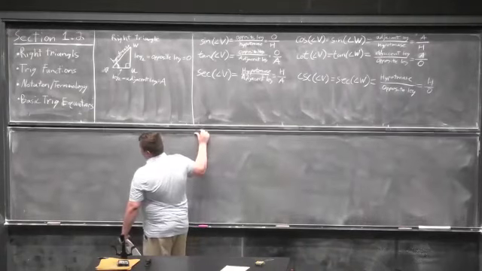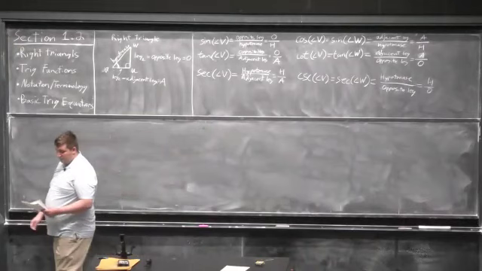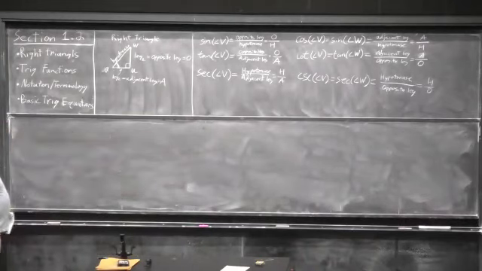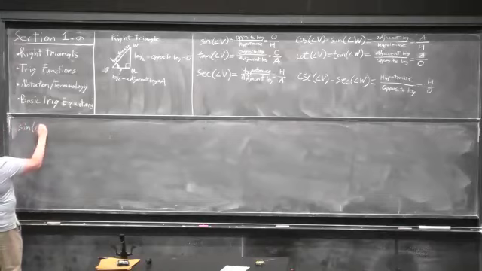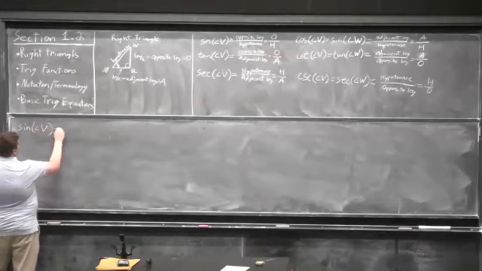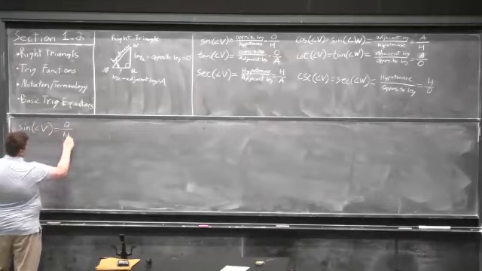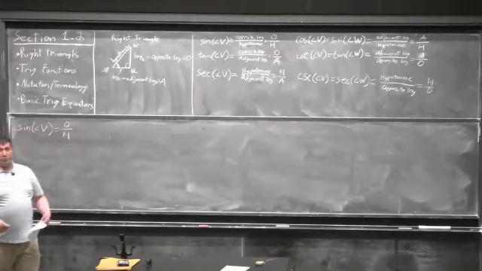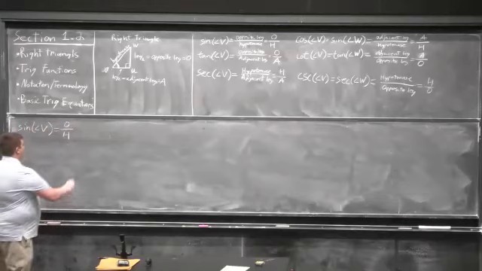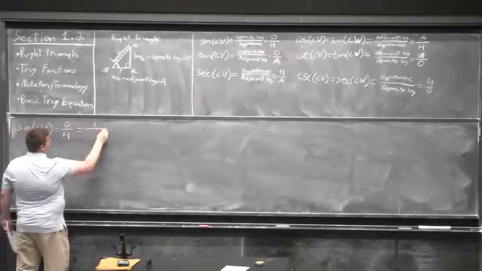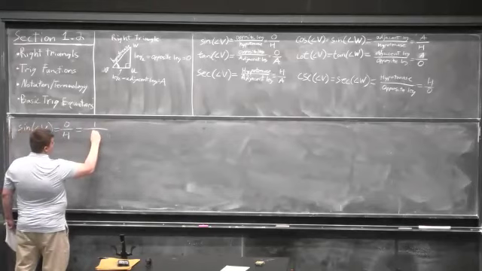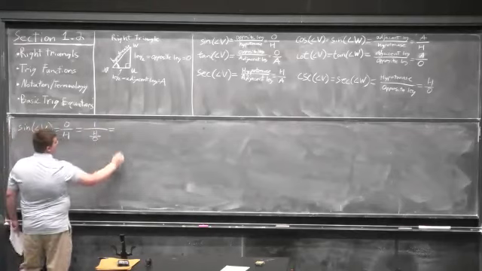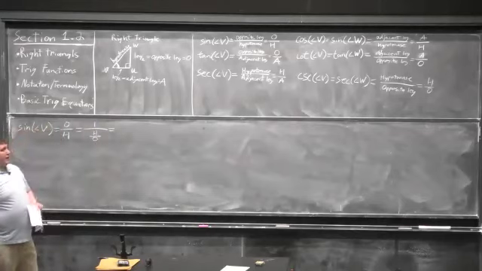For instance, if I look at the sine of angle V, I have O over H. I could rewrite this as 1 divided by the reciprocal of O divided by H, which is H divided by O. What is H divided by O?